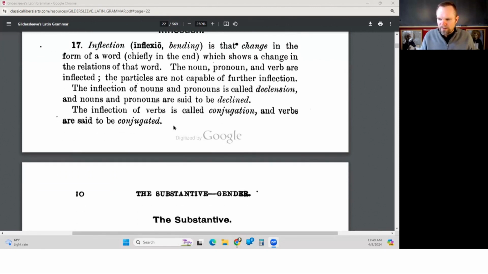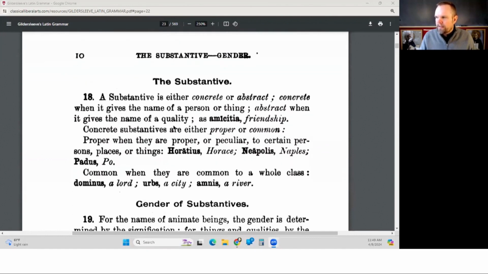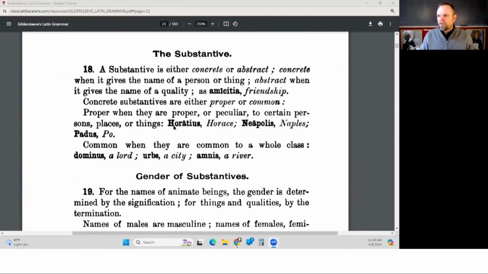That's Article 17. Now you can see in Article 18, we actually get into the first of the parts of speech. So we're going to study the declension of substantive nouns. We're going to study all of the forms of substantive nouns. But the first thing that we're going to learn are the properties of substantive nouns.